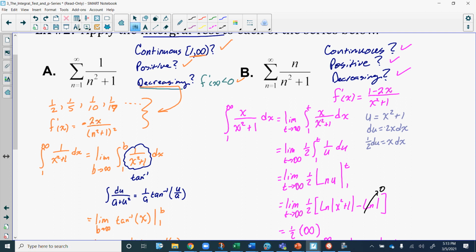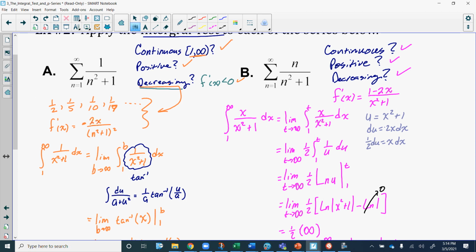We wind up with 1/2 of the integral from 1 to t of 1 over u du, which gives me 1/2 natural log of u when I take the antiderivative. Separating it, that is natural log of t squared plus 1 minus natural log of 1 in this case. Of course, natural log of 1 goes to 0.